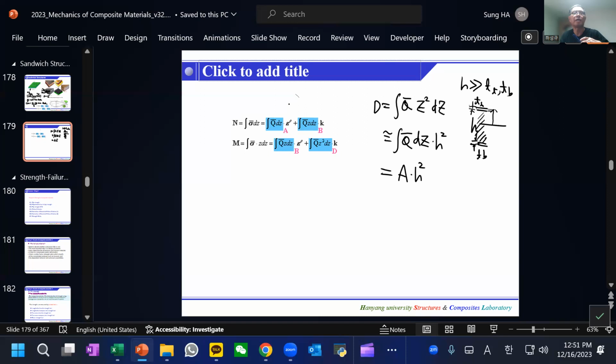Or you can say A times top and half, if this thickness is the same, and you can say that the A matrix of the bottom and H of a, something like that.